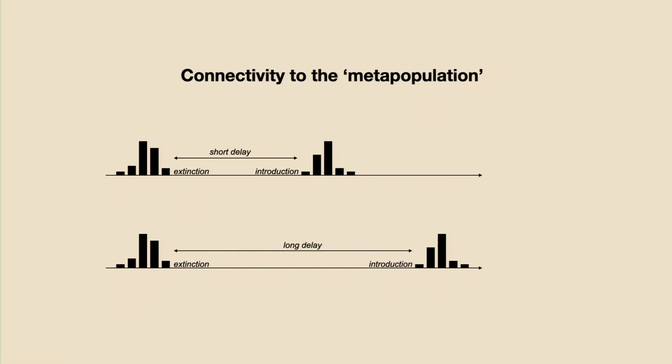So you expect short delay, more connected, long delay, less connected, and you can build a model that encompasses how many susceptibles are in every city to get an estimate of connectivity of every city in a country. Brian Grenfell and Otto Bjornstad did this for the first time for England and Wales, and all the methods are explained there.